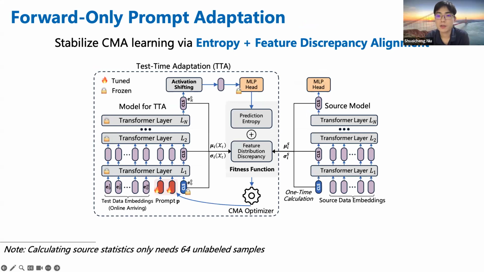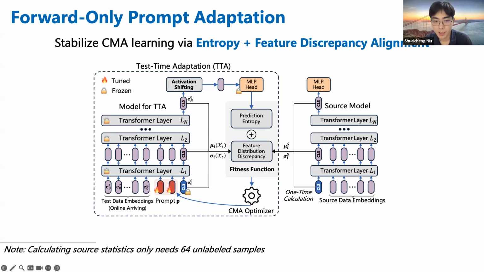To address this issue, in addition to the entropy metric, we further introduce a feature discrepancy fitness. Before we start the test time adaptation, we first calculate the classification tokens distribution statistics, including the mean and variance, via the original source model. The source statistics are calculated via a few unlabeled in-distribution samples for only once.